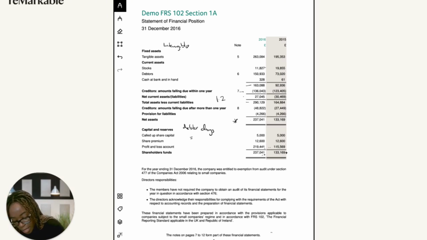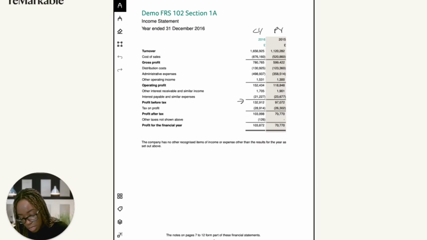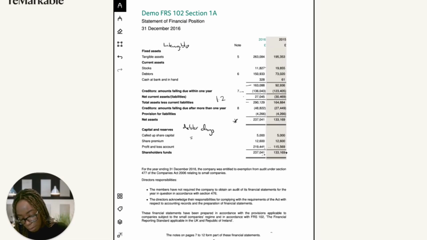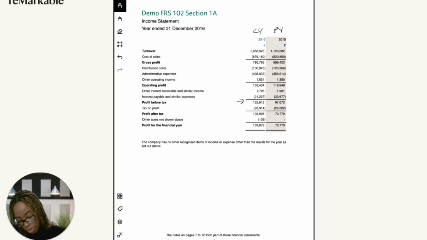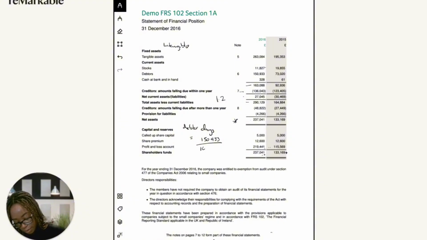You will be looking at your net sales, which is what you see on here, the 1.6 million, and the debtors, the 159,933. So if we say 159,933 divided by the 1656, times 365, this is the debtor days.